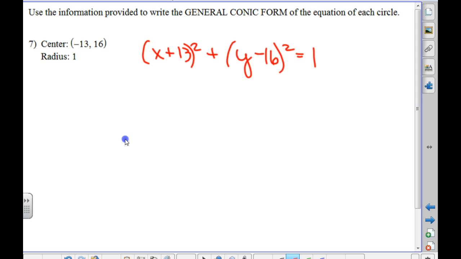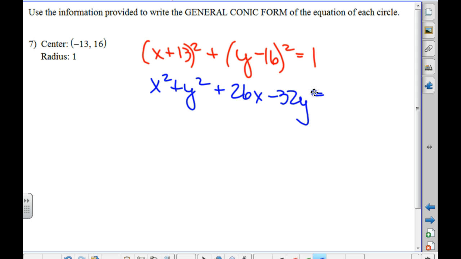I can do all the multiplication ones, but the subtracting is my weakness. 169. What's 169 plus 256?